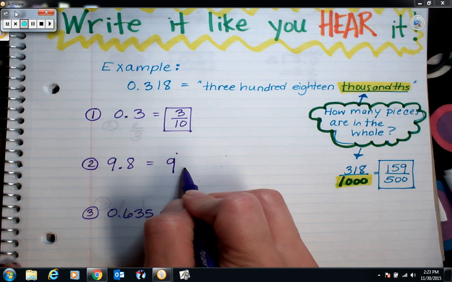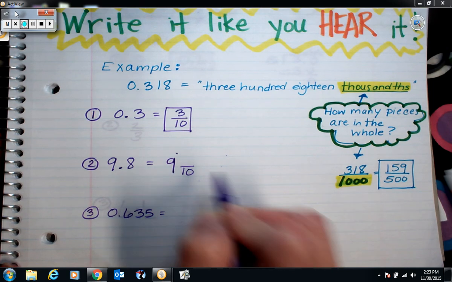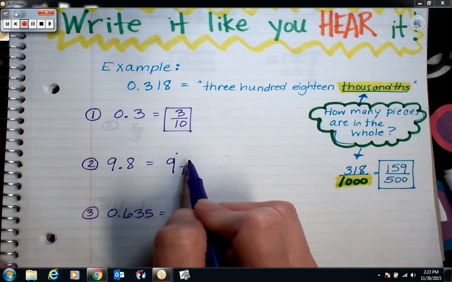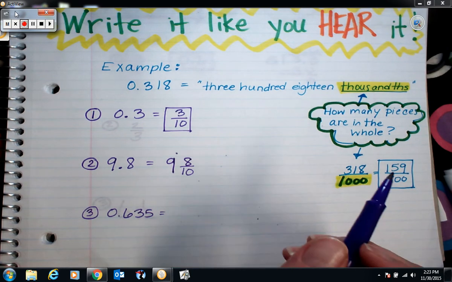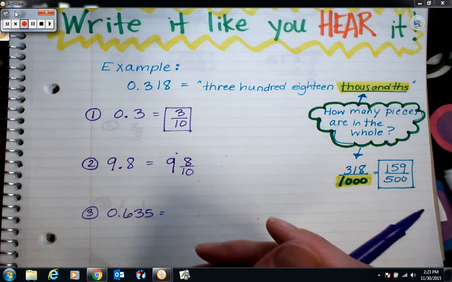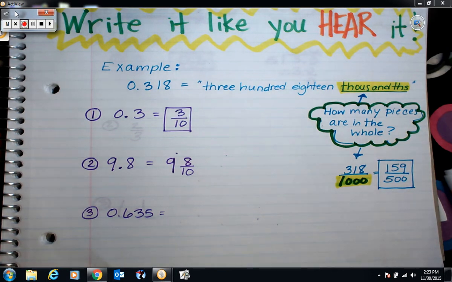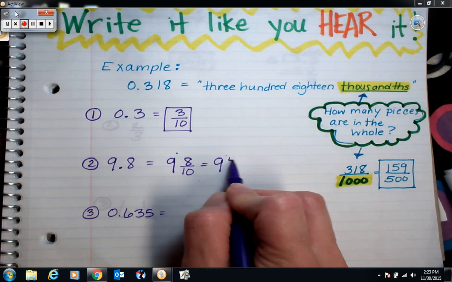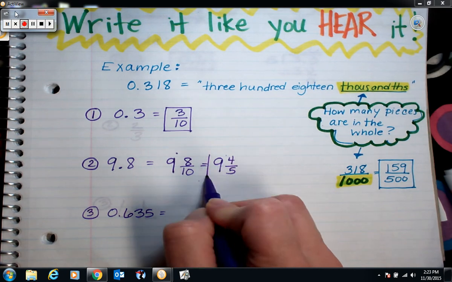I hear tenths as the place value name, so that's going to be my denominator, and there's 8 of these 10 parts, so that would be 8/10. Now 8/10 is not in simplest form because 8 and 10 have a common factor. Since 8 and 10 are both divisible by 2, I'm going to simplify that to 9 and 4/5 for my final answer.